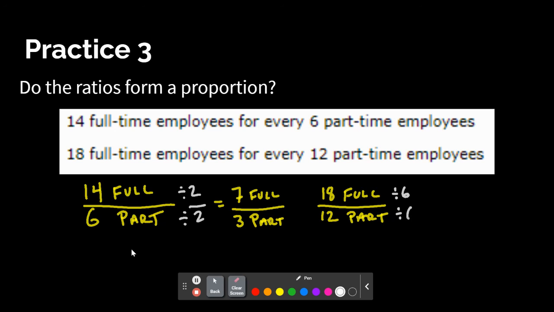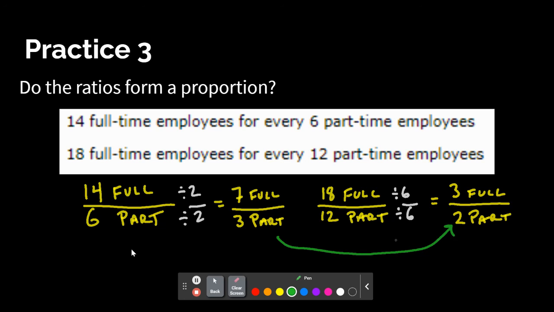They're both divisible by 6. And we get 18 divided by 6 is 3 full-time. And 12 divided by 6 is 2 part-time. So we find out, sadly, that these two are not equal. They are not equivalent. So they are not proportional.